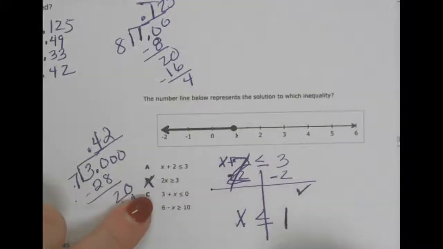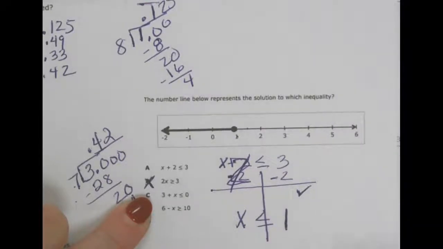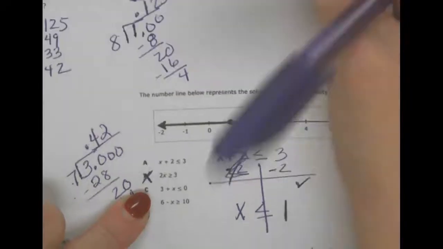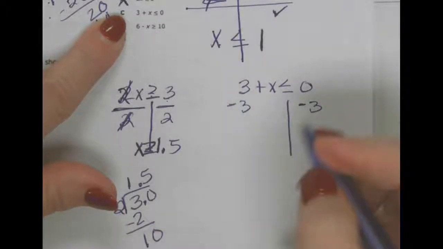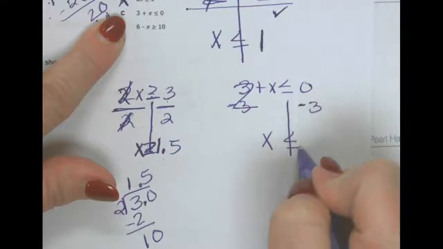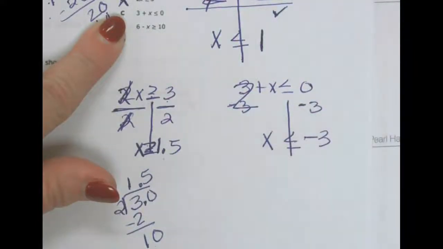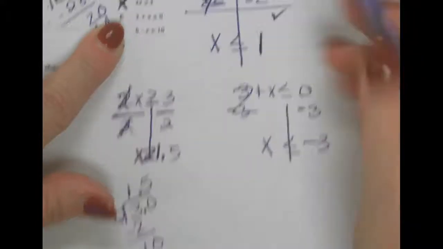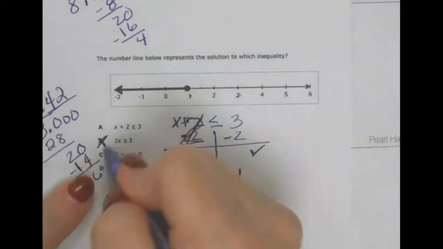Let's look at this next one. 3 plus x greater than 0. Minus 3. Minus 3. Sorry, y'all can't see. This is my 0 pairs. X, negative 3. This is not on negative 3. So this is not it.